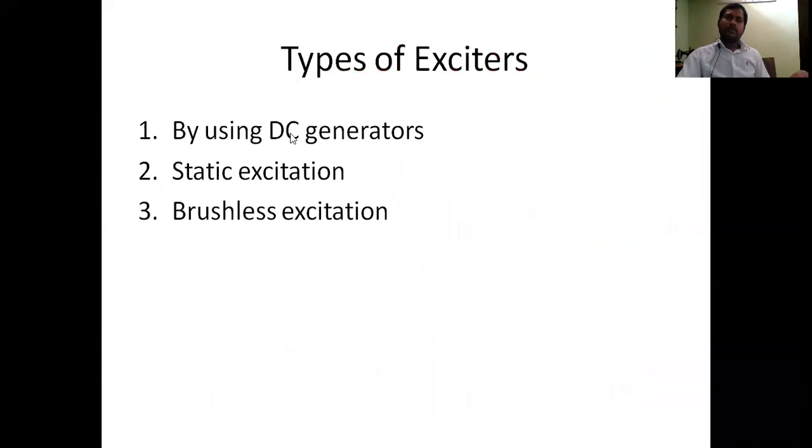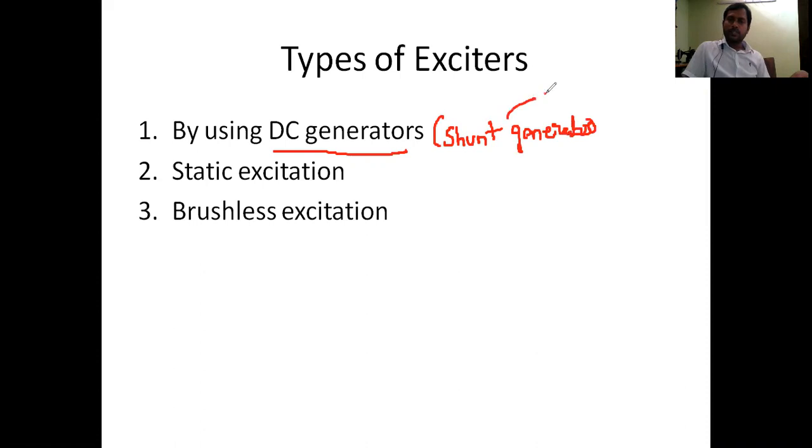So the types are, sorry, by using a DC generator. This is a DC shunt generator, and this is placed on the shaft of the alternator. The turbine is mechanically connected to the alternator through the shaft, and on the shaft this DC shunt generator is used.